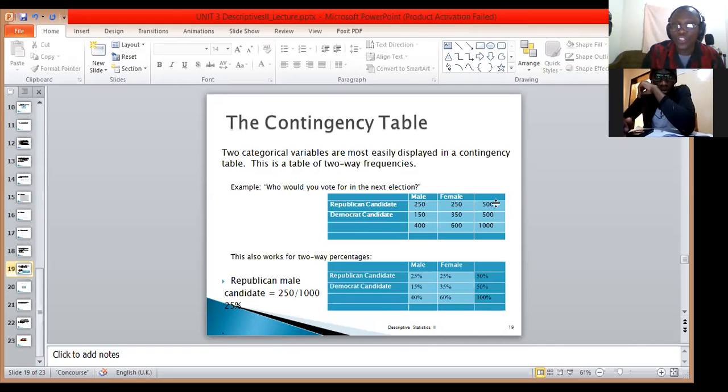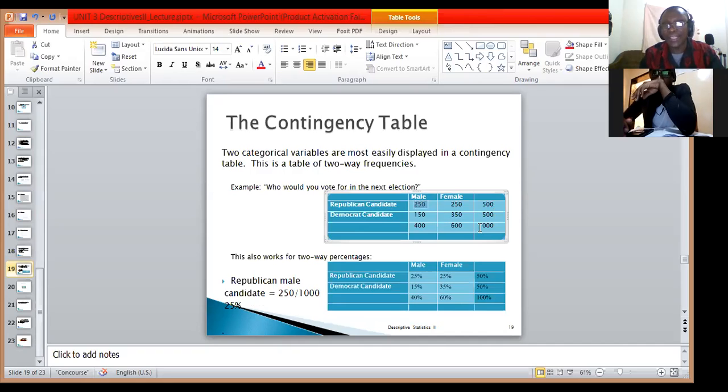So you are going first to add this column here, 500 plus 500, you find 1,000. So the probability of a male candidate who is a Republican is 250 divided by 1,000. Not by 400, no. So the probability is 250 divided by 1,000, which will give you 0.25 or 25%.